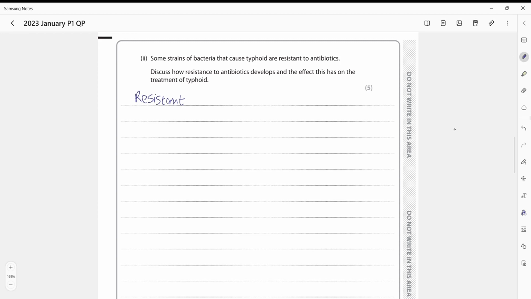Oh, I need to mention that antibiotic resistant bacteria can arise due to mutation. So let me just write that down. Antibiotic resistant bacteria can arise due to mutation.